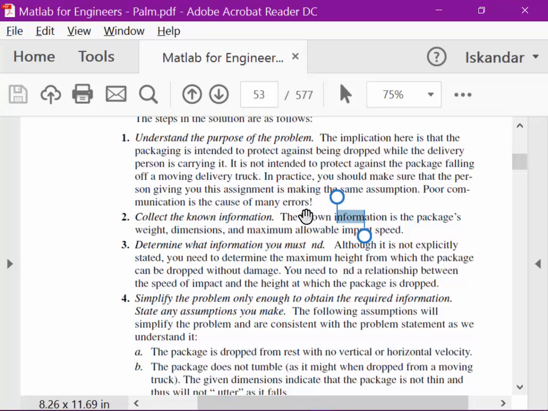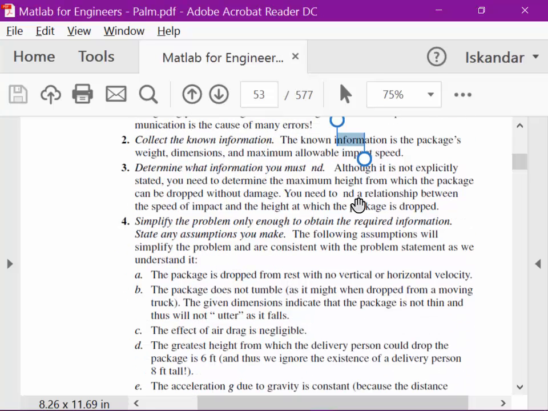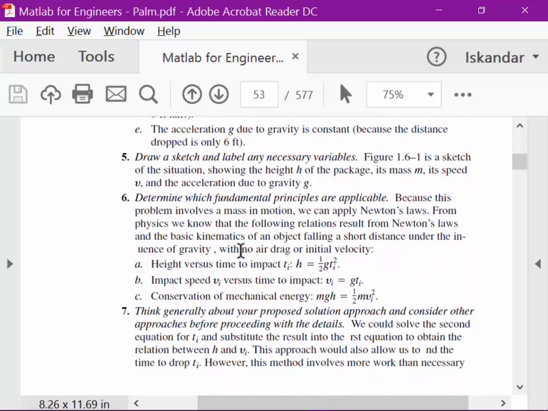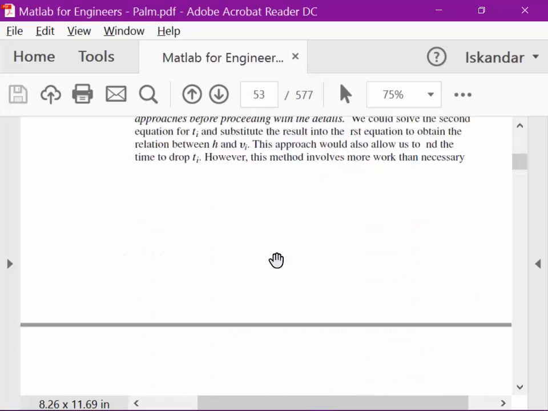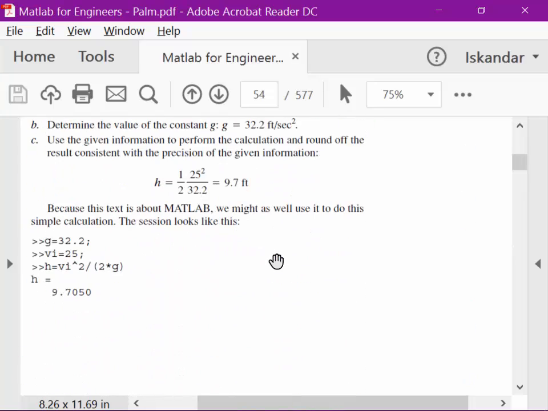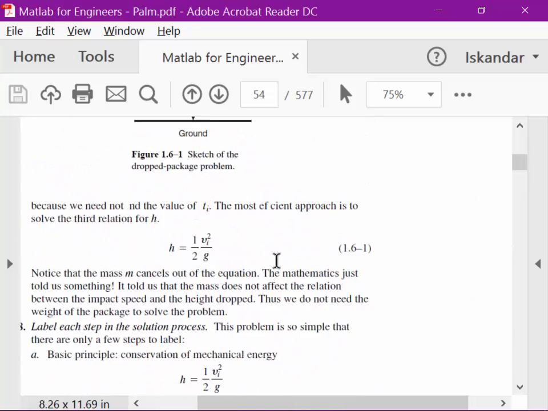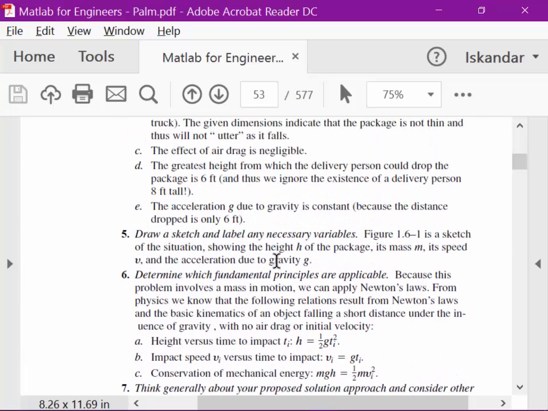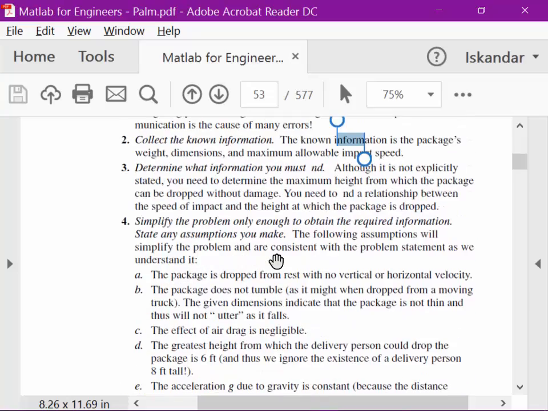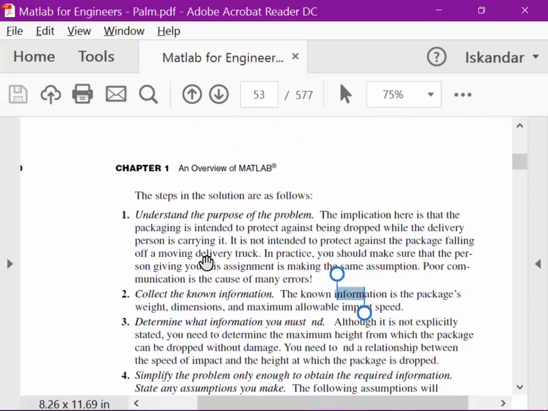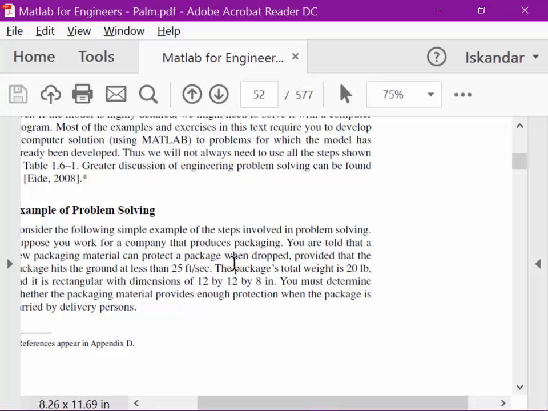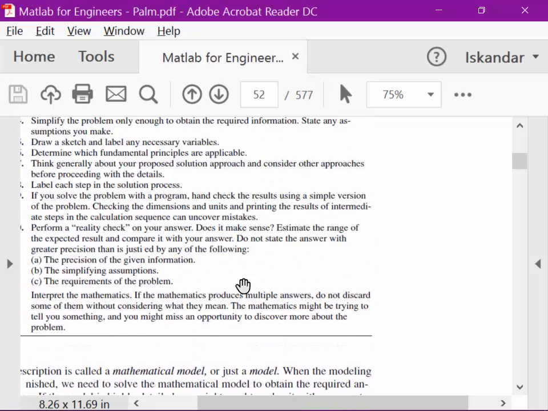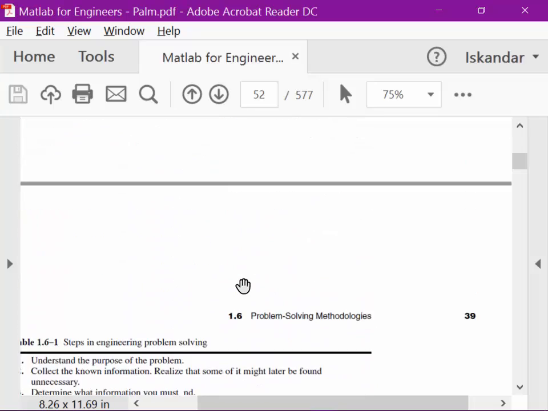Collect known information. And Newton's laws. I remember reading it, and I'm not finding it. The weight? No, not the weight. The assumption where we said to assume that around 6 feet is the maximum height, or indicate the height of the delivery man. Yeah, the height of the delivery man.